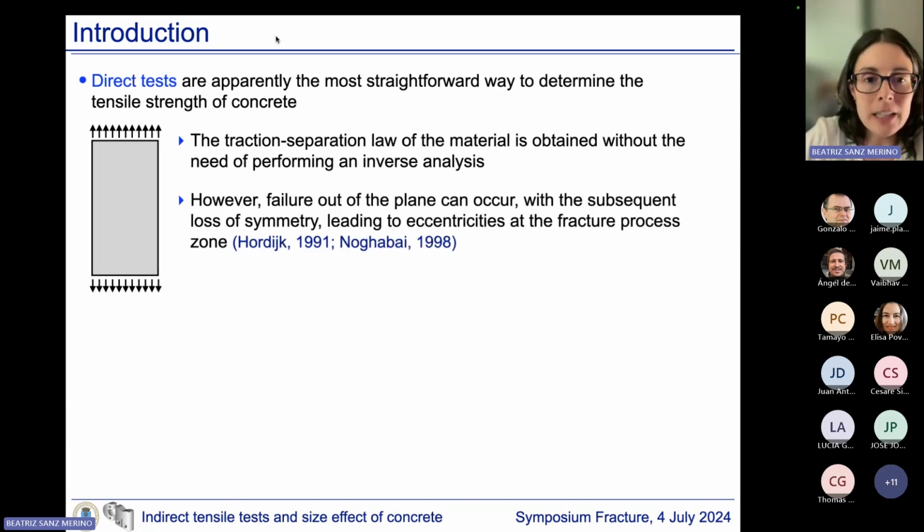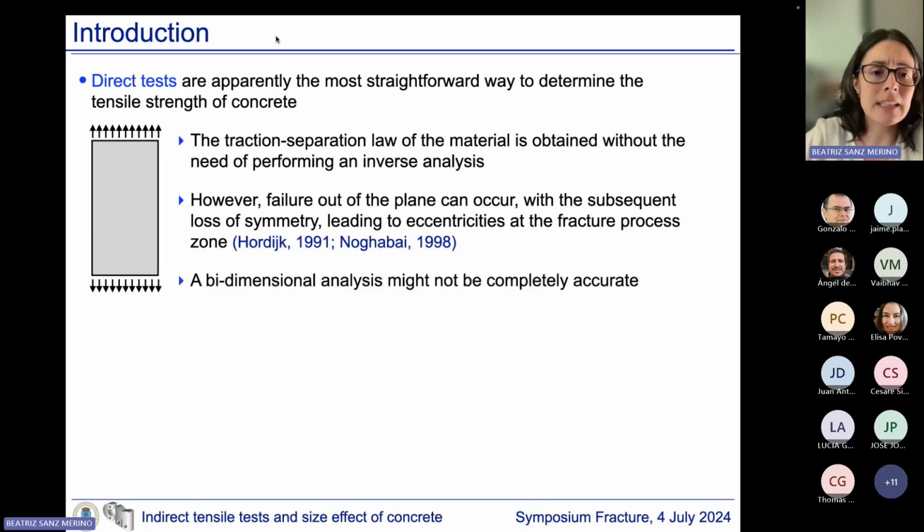However, failure out of the plane can occur, as Professor Planas already explained in his presentation, with the subsequent loss of symmetry leading to eccentricities at the fracture process zone, which was reported in the 90s by Hordijk and Nooru-Mohamed. It implies that a bidimensional analysis might not be completely accurate.